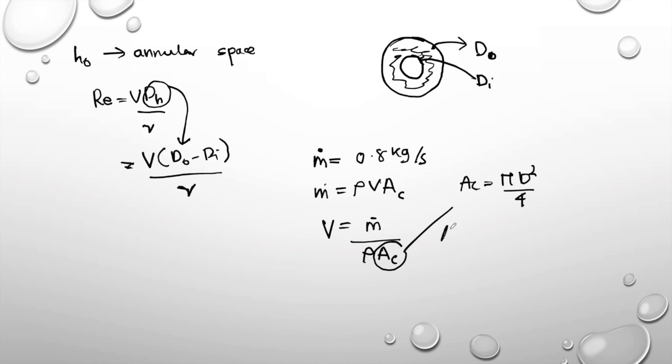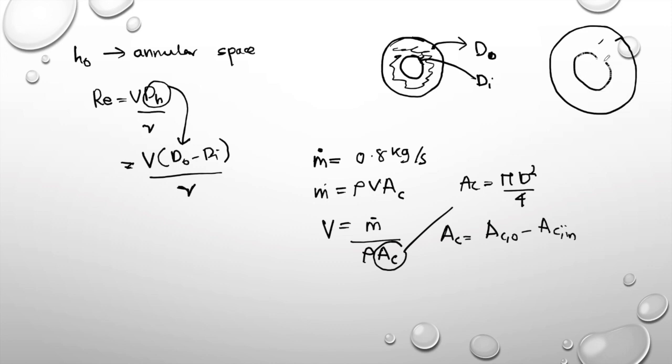That means A_c equals A_c,out minus A_c,in. So you calculate the bigger cross-sectional area and the smaller tube's cross-sectional area, and subtracting these two gives the area of the annular space.